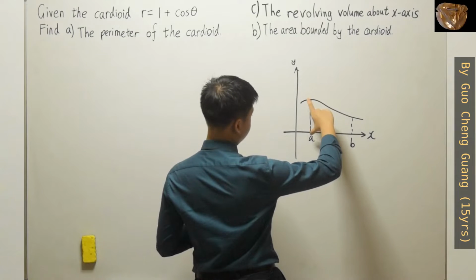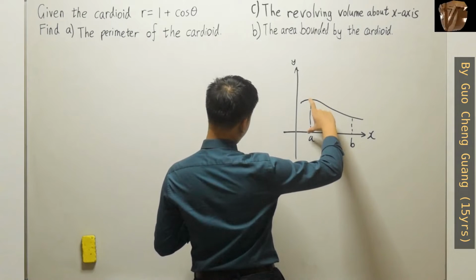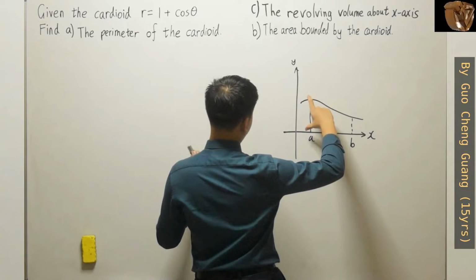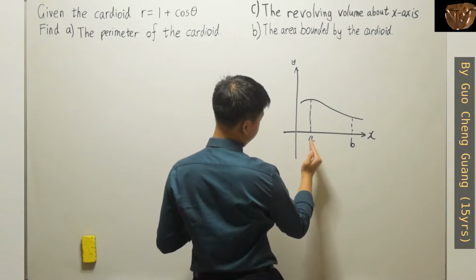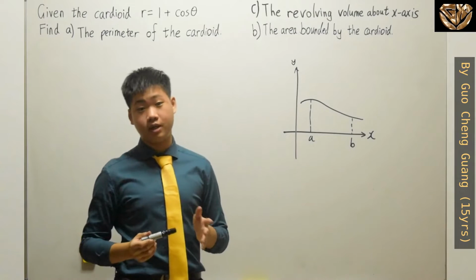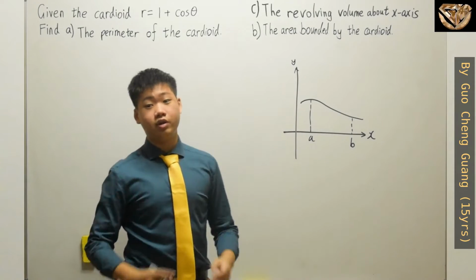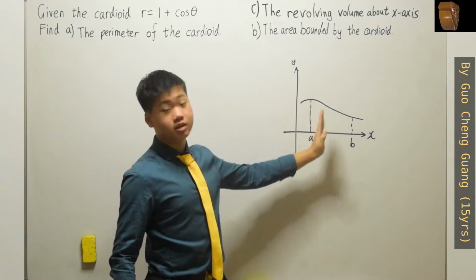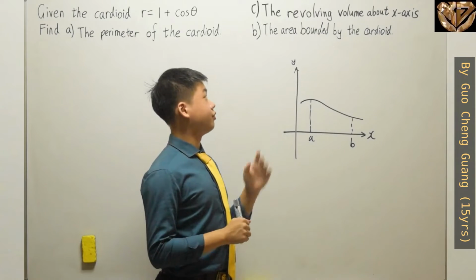So this height here will be f(a), and at this point it would be pi f(a) squared. But for that pi r squared, you would add from point A all the way to point B. That is how you would find the revolving volume, since you would be taking them disk by disk.